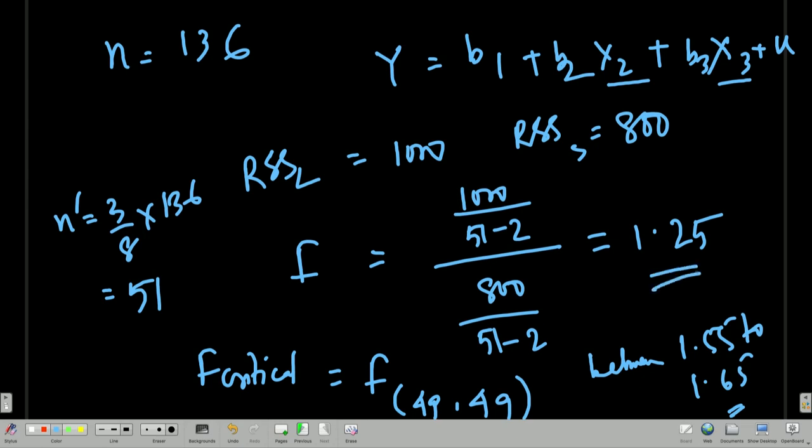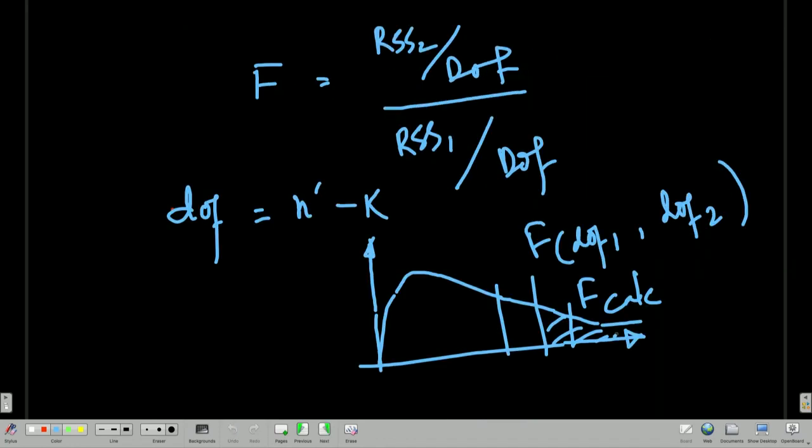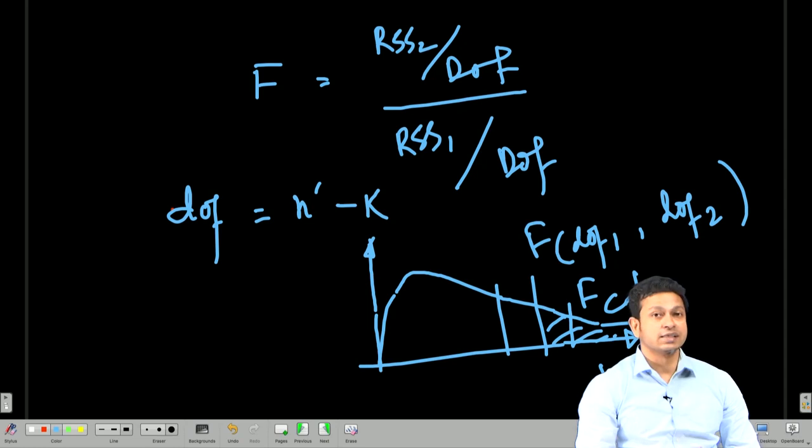So we can just get an approximate value, and that's enough for us because our F calculated is 1.25, which is actually smaller than my F critical. So if my F calculated is smaller than my F critical, then that means my F calculated is going to lie here. So that means I actually reject the null hypothesis of homoscedasticity.